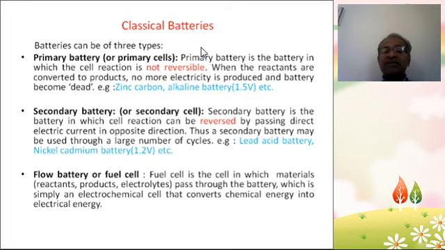The fuel cell is the cell in which materials pass through the battery, which is simply an electrochemical cell, and converts chemical energy into electrical energy.